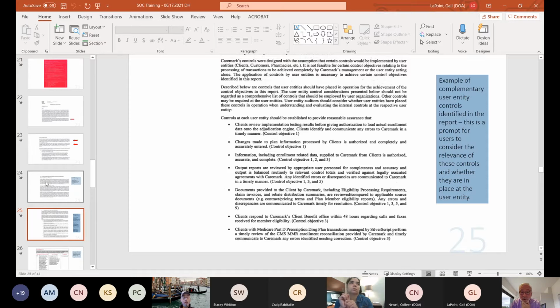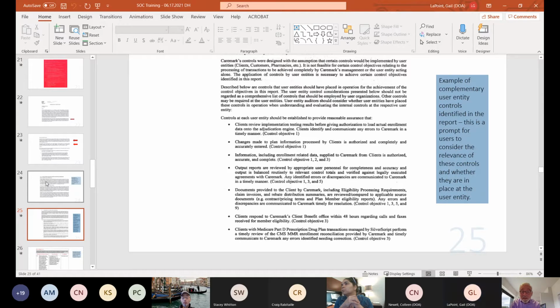So the first one that they're talking about, which I think you can identify with, is they have no responsibility for enrollment data. So in the case of the state of Rhode Island, when we provide to Caremark our list of covered employees that have health insurance, then basically Caremark runs with that and assumes that we've provided accurate and appropriate information as to who should be enrolled into their system.